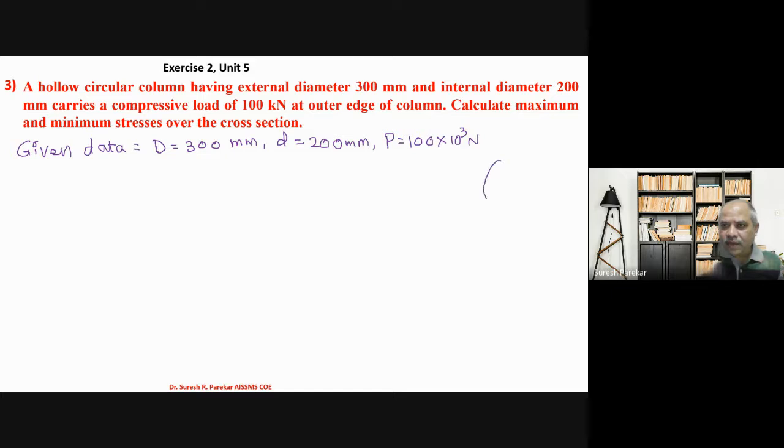Now if we draw the diagram of this hollow section, we begin with the hollow section in this way. So inside we have 200. This is our column. Inside we have 200, and the outside diameter is given as 300.